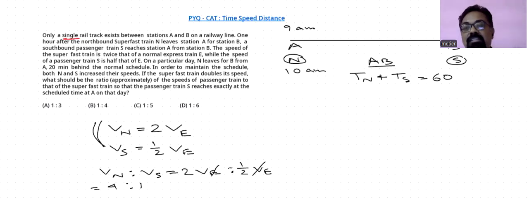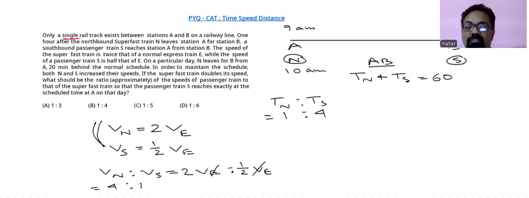Here, the distance is the same for train N and train S, distance is AB. So Vn is to Vs and Tn is to Ts will be inversely proportional. So what you are getting here, Tn is to Ts will be 1:4.